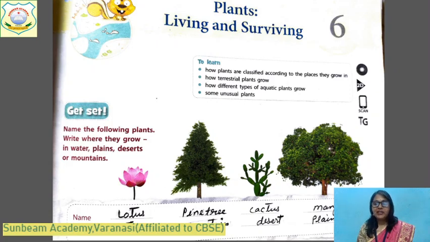And the third one is cactus plant. Where does cactus plant grow? In desert. Why? Because in the desert there is less water. It is very dry, sandy soil is there. So the cactus's specialty is that it can survive in very less water. How? Their leaves turn into spines. And why do leaves turn into spines?